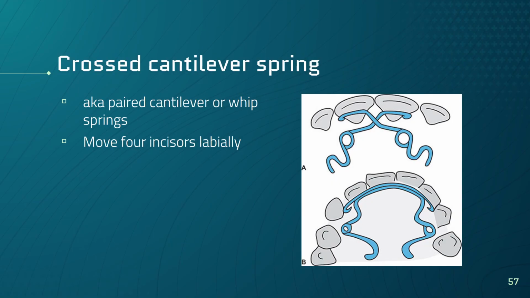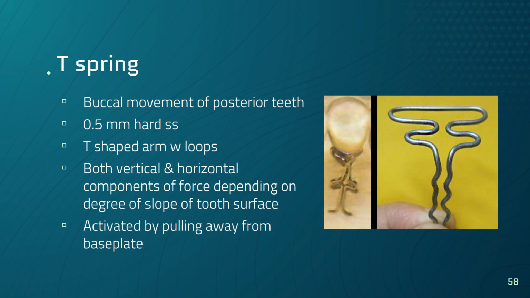Now, cross cantilever springs, also known as pad cantilever springs or whip springs, are used to move four upper incisors labially. Now, the T spring can be used for buccal movement of posterior teeth.